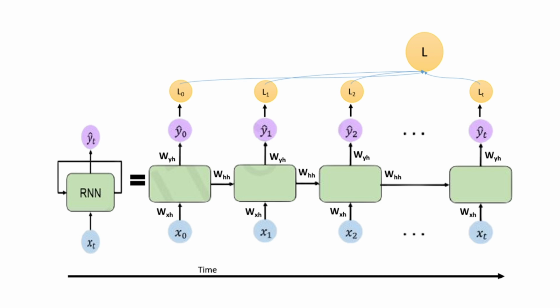dependencies. At each time step, the RNN generates an output, y t, which depends on the hidden state at that step. For example, if we're predicting the next word in a sentence, each output is a guess based on the sequence of words so far. Now, from these outputs, we compute a loss at each time step. This loss represents the difference between the predicted output and the actual target.